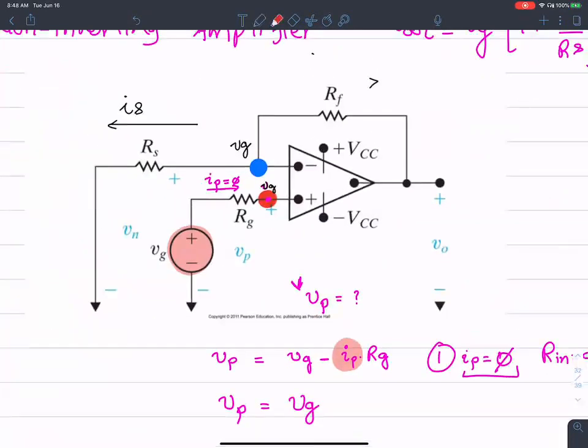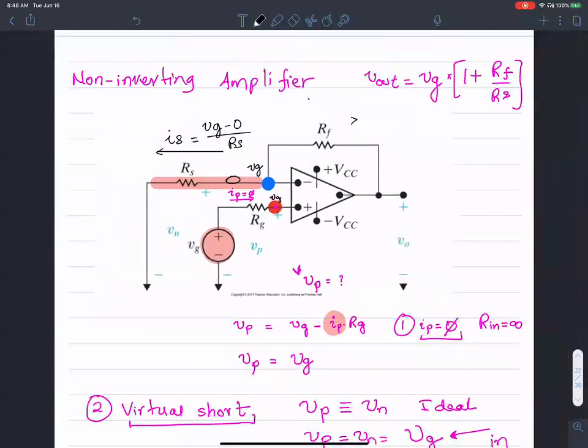So if I start by writing the current flowing in this direction, that's going to be VG minus 0 over that resistance, okay? That's the voltage drop between these two terminals of the resistance. VG minus 0 over RS. That's the value of IS, right?